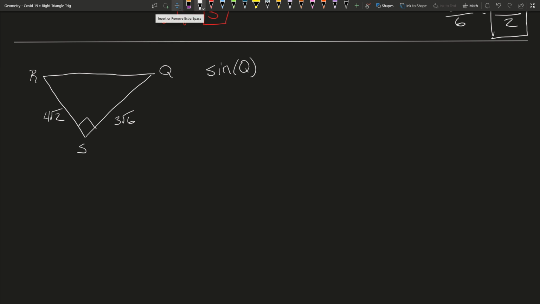All right. So given this diagram, we have triangle RSQ, and we have side lengths 4 rad 2 and 3 rad 6. Okay, and we want to find the sine of Q. Okay, so we're dealing with this angle right here. So sine is always going to be the opposite over the hypotenuse.